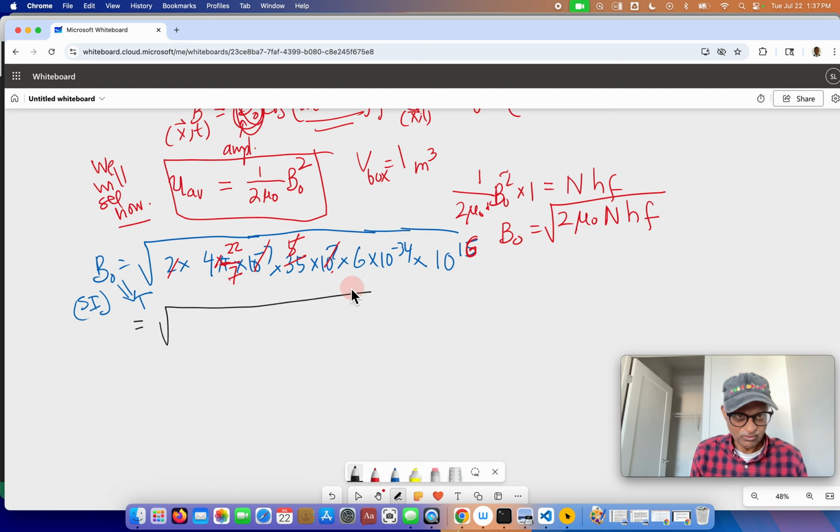So we have a 4 here, 22 here, 4 here, and 6 here.